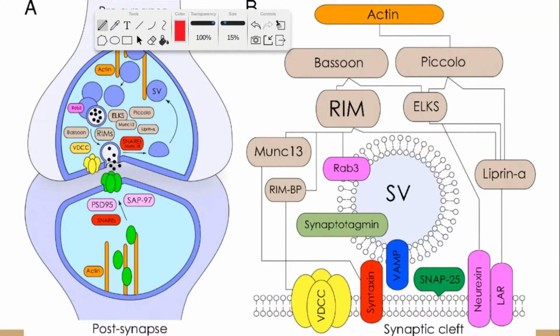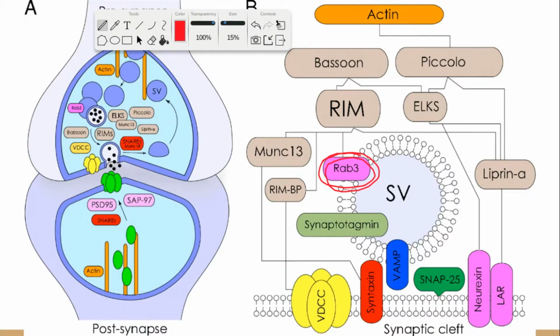So a lot going on in this slide, and this is basically what the active zone looks like. Once you have a neurotransmitter-loaded vesicle that has been brought to the membrane, you have all these different proteins that are performing some function in that active zone. Right here, you see our RAB3 that is attached to the synaptic vesicle.